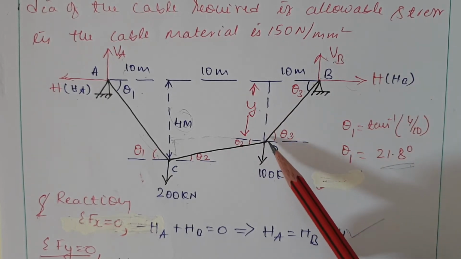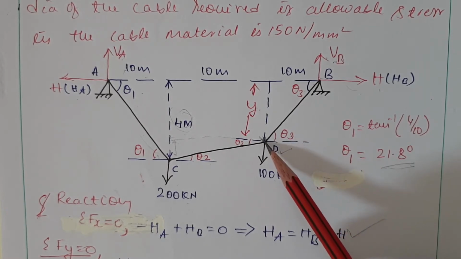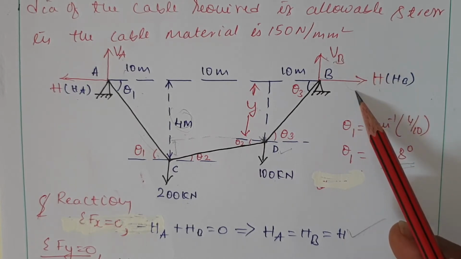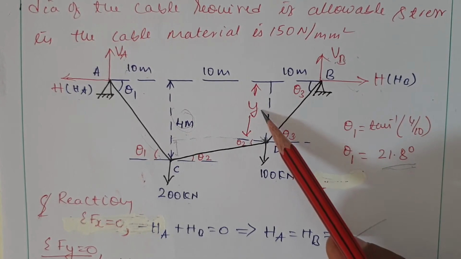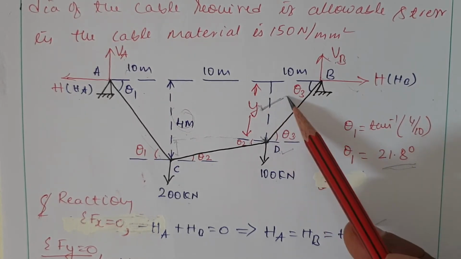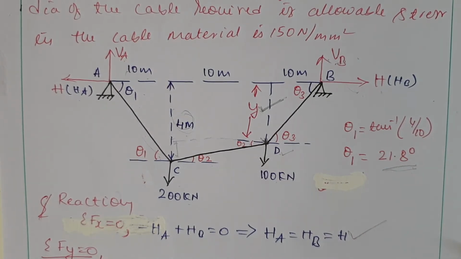For that I am considering moment at D equal to 0 for the right hand side. On the right hand side we have two forces whose values we know, and the only unknown is y. With one unknown and one equation, we can find the y value.